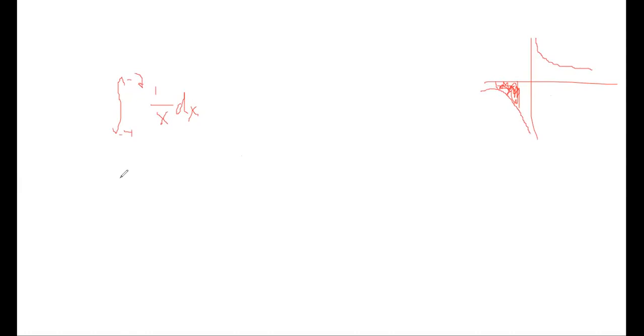Well, the integral here is relatively easy. 1 over x dx is just ln of the absolute value of x, again evaluated from -4 to -2. Now when we plug these in, we get ln of the absolute value of -2 minus ln of the absolute value of -4.